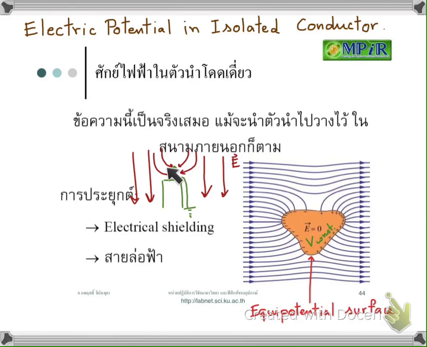Something like this. So the lightning is nothing but the current, the charge moving maybe from the cloud. If you have the charge move, instead of moving to the ground, it moves to this conductor.